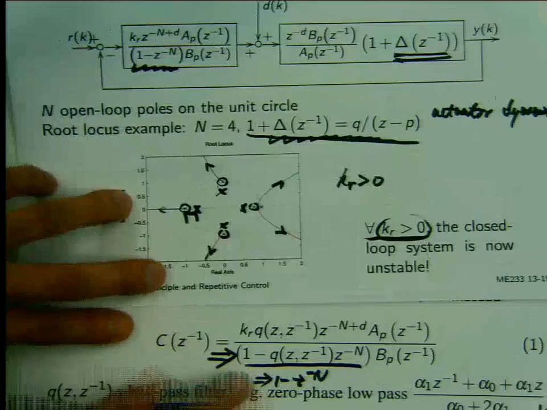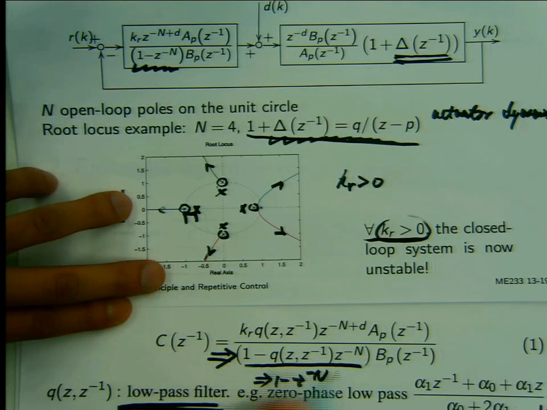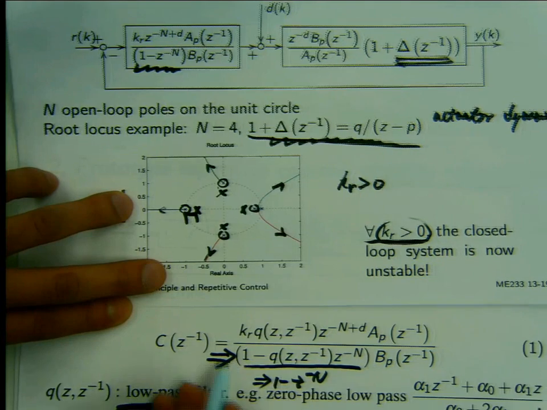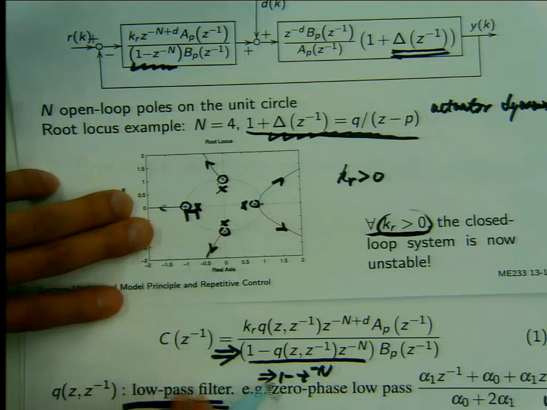Now, look at this guy. Let me ask you the question. Maybe it's obvious to you now. What are the open loop zeros or poles? It always confuses me. Are the open loop poles inside the unit circle or not, if I do this design? That's exactly what's happening here.